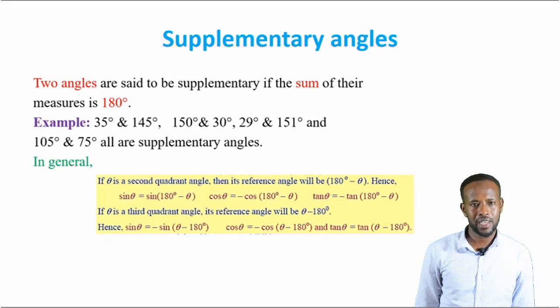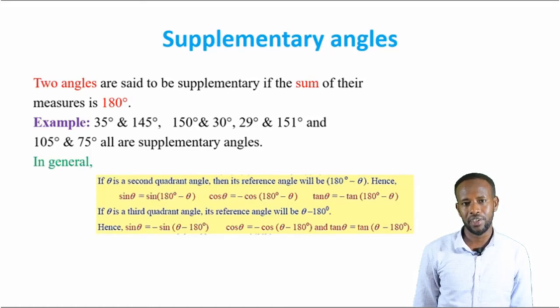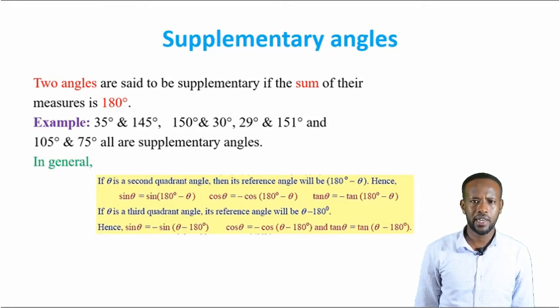Negative sine of theta minus 180 degrees. Cos theta will be equal to what? Negative cos of theta minus 180 degrees. And tan theta will be tan of theta minus 180 degrees. In the third quadrant, we know sine and cos are negative. So by finding the reference angle, it will be in that form.